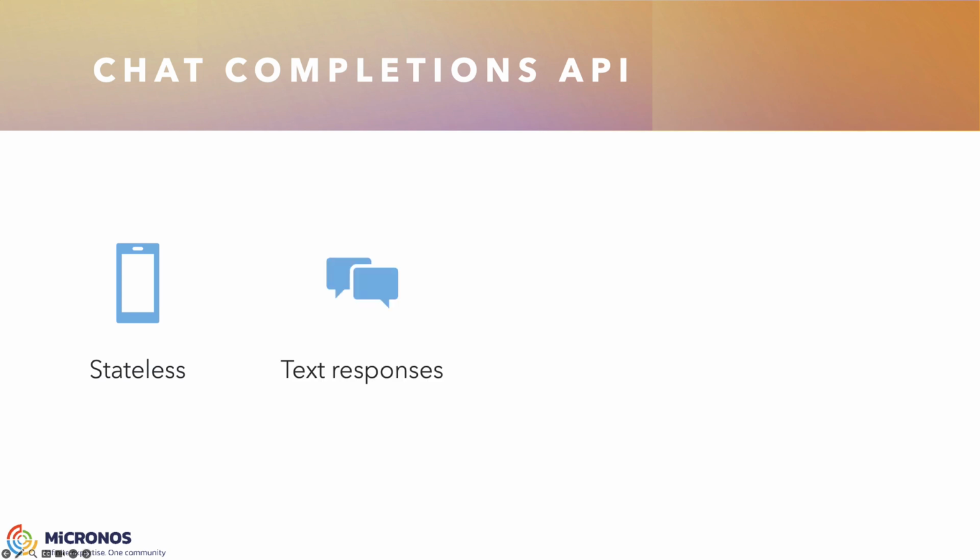This API does text responses only. Now, that sounds kind of logical because you're working here with an LLM, a large language model, but you'll see that because of the use of things like code interpreter and so on in the Assistants API, you can have other types of responses in that API.